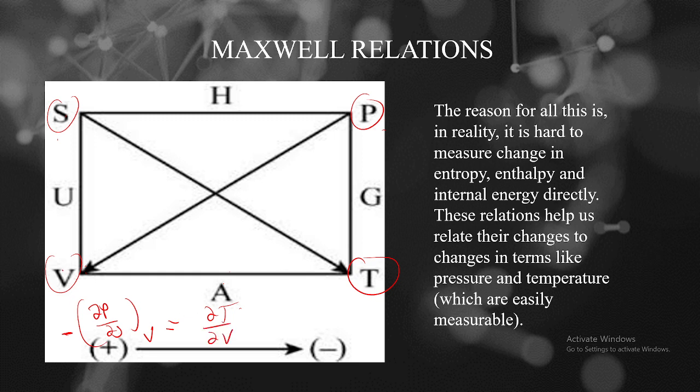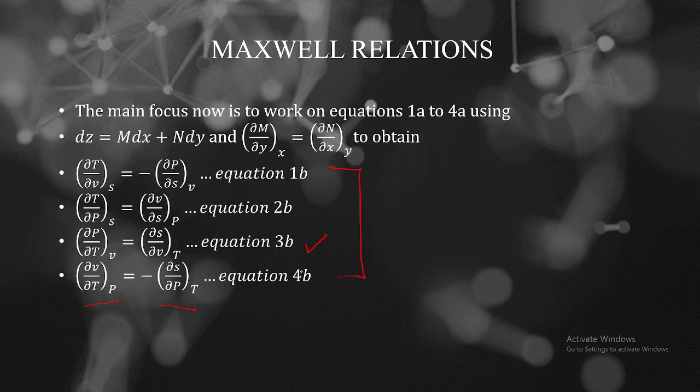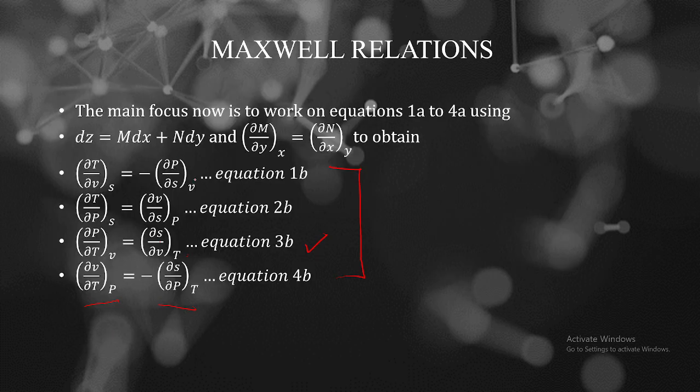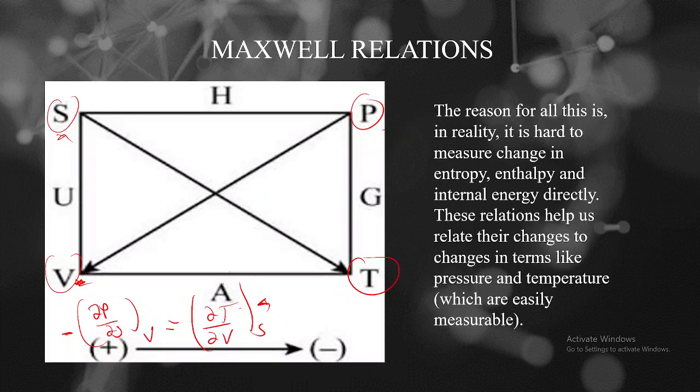Del V, so I'm going the reverse now at constant S in the reverse. So this is going to be what I have here. So I have del T, del V at constant S, that's the left hand side here, is equal to minus del P del S at constant V. So that's what I have here for equation 1b. So you can use this to generate all those expressions.